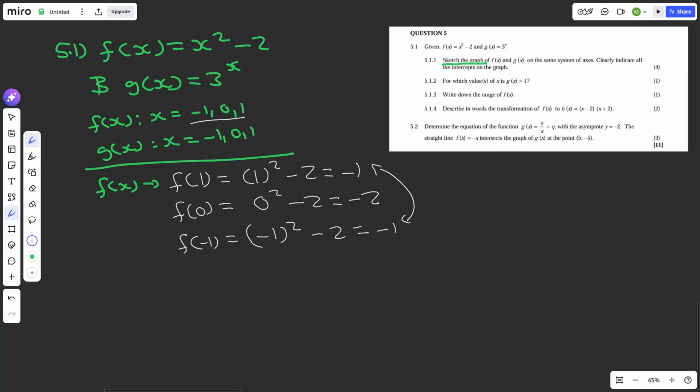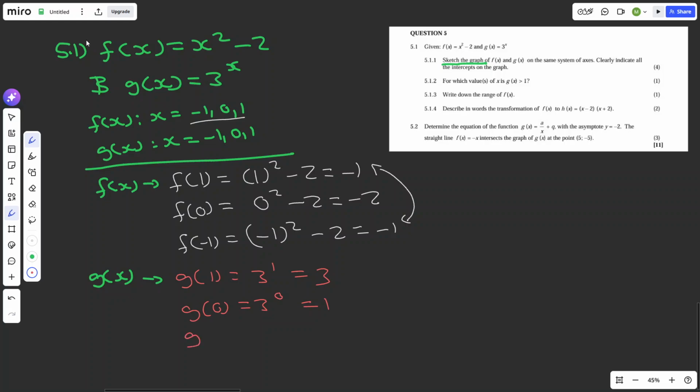And then lastly, g of x. So what do we have here for g of x? So g at 1 is equal to 3 to the power of 1, which is 3. Next, g at 0 is equal to 3 to the power of 0, which is 1. So any number raised to the power of 0 is always equal to 1.